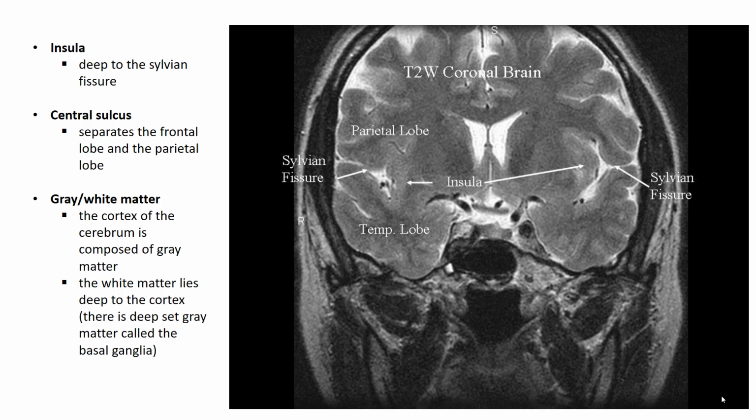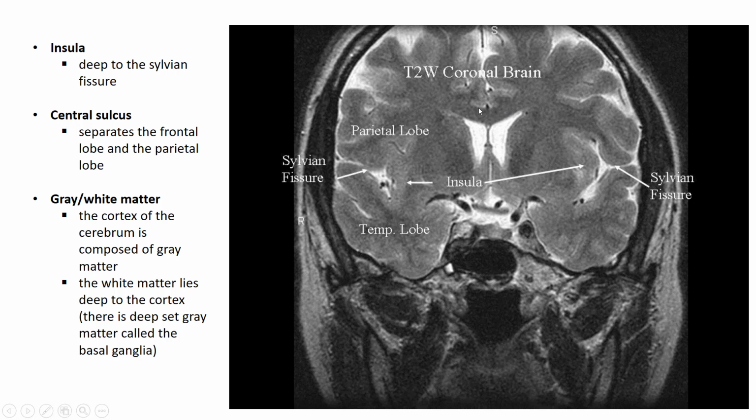Now visualizing that in a T2 weighted coronal MRI scan, we have the superior area here, inferior, right, and left. And these are the parietal lobes here. And you see that central sulcus, which is the falx that is separating the right and left lobes of the brain. And this right here will be the corpus callosum.